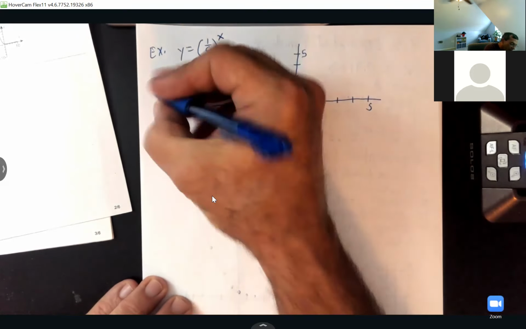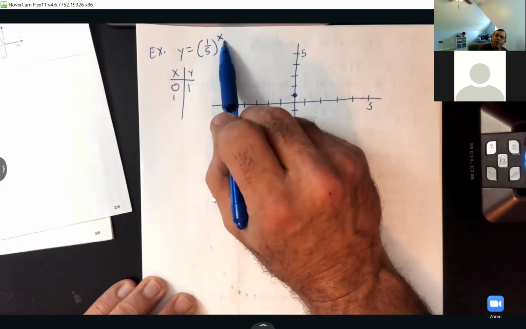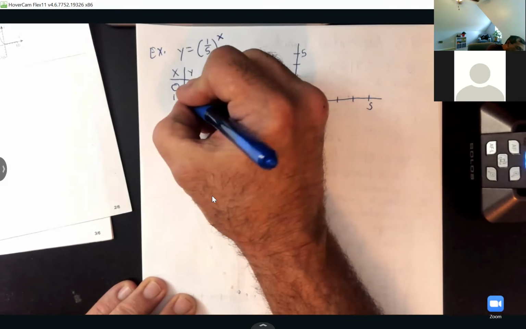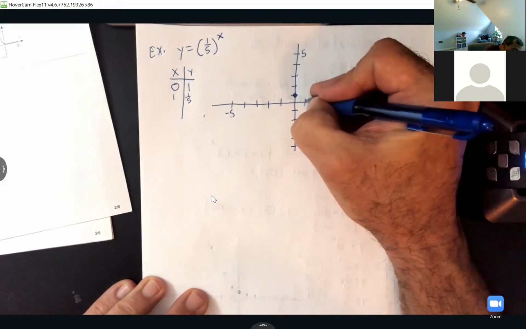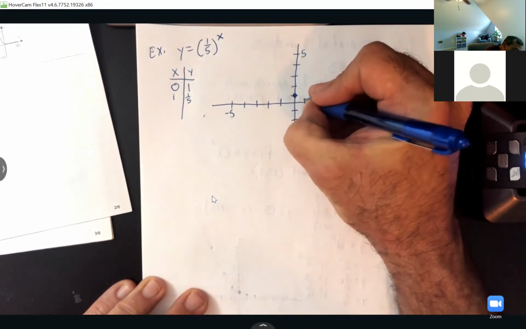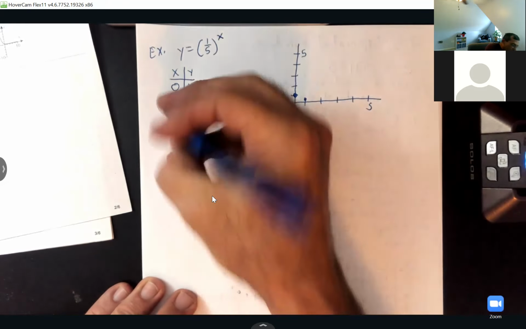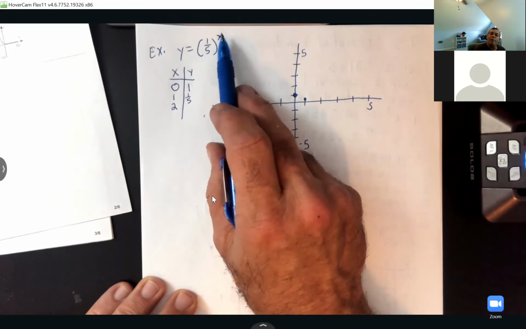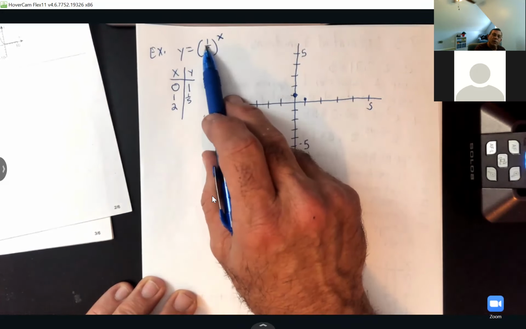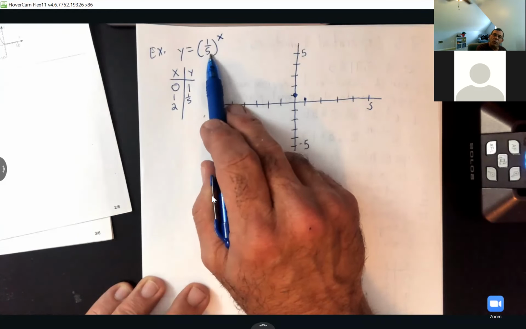But watch this. If I put a 1 in here, that gives me 1/5 to the first power. Well, anything to the first power is itself. So at 1, I'm down here at 1/5. Well, let me do one more. How about a 2? If I do a 2, that'll be 1/5 squared. So you square both numbers. 1 times 1 is 1. 5 times 5 is 25.